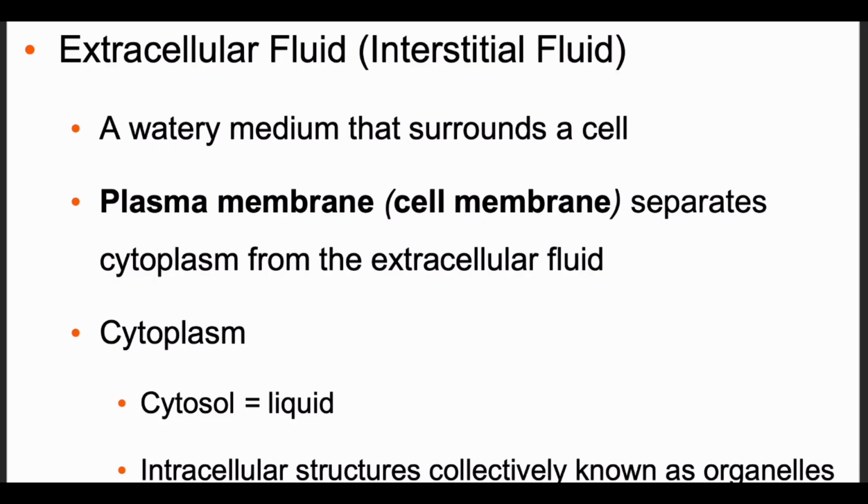Now, when we're talking about fluids, depending on where the fluid is found, it is named accordingly. So when we're referring to fluid that's found outside of that cell, we call that extracellular fluid. Another term for that would be interstitial fluid. These terms are somewhat used interchangeably. Interstitial fluid, as you may recall, is also tissue fluid.